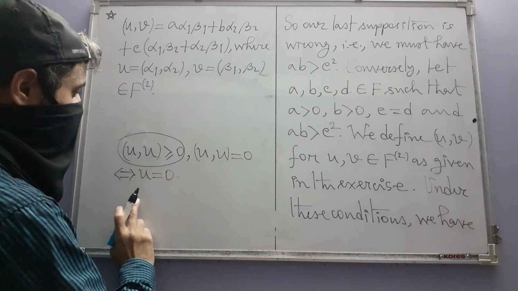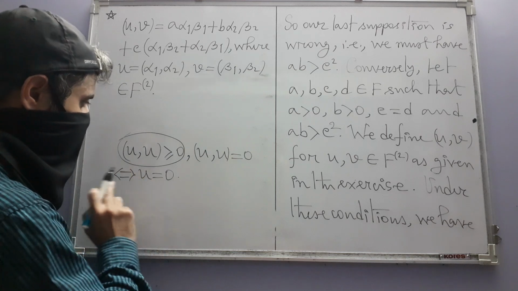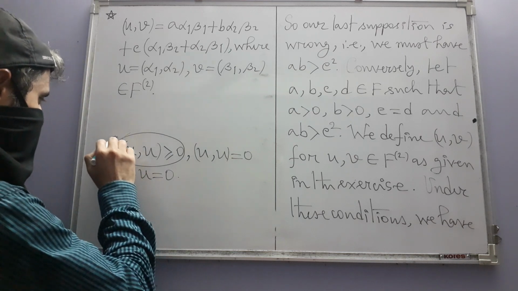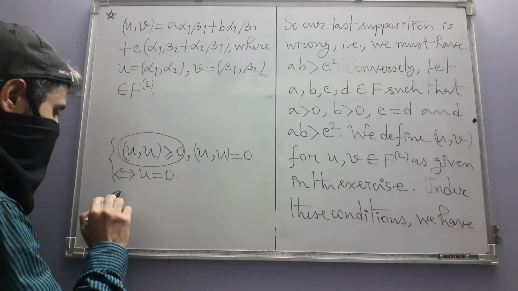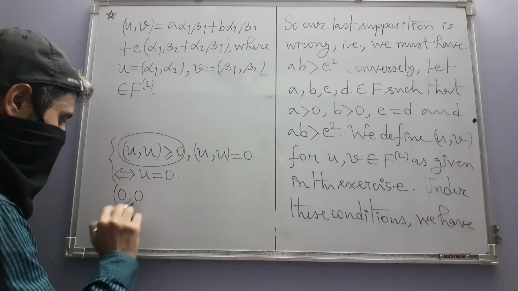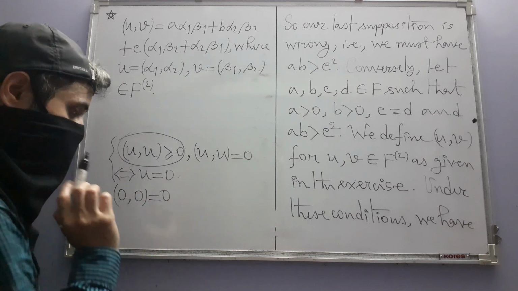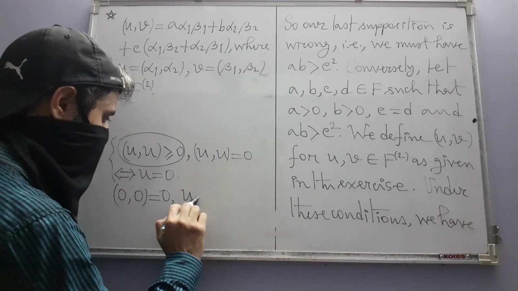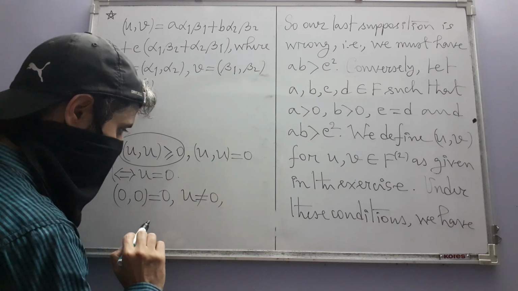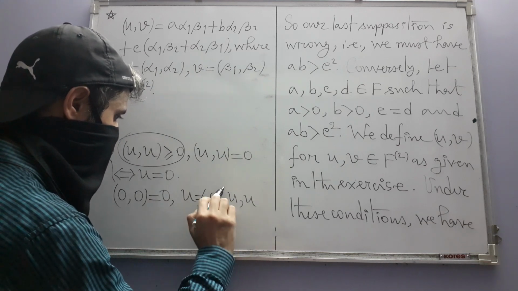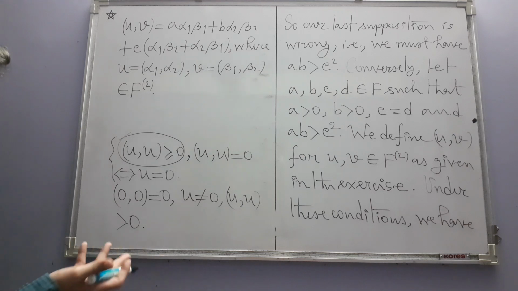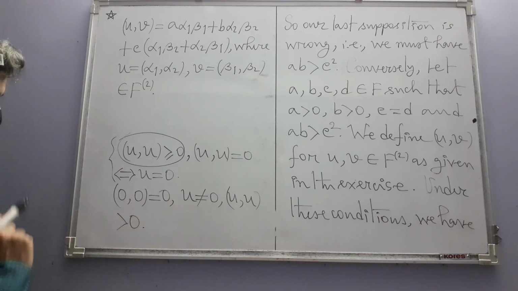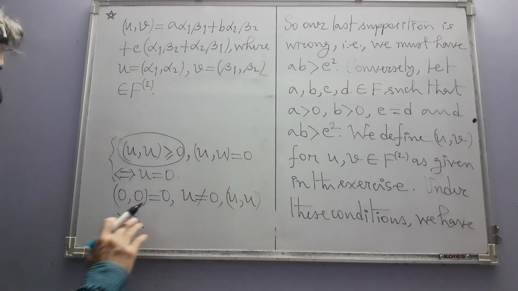So now what we should do is show this. Actually, showing these things is equivalent to showing this. That is one thing. And if u is not equal to 0, then this is strictly greater than 0. That's just it. If we are able to show these things, then we have shown these things.